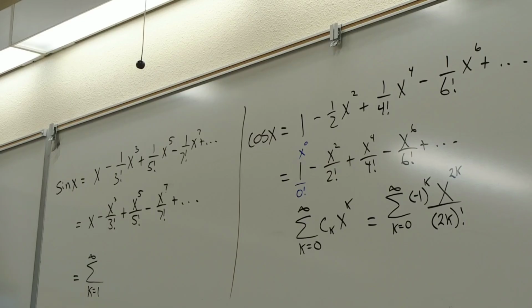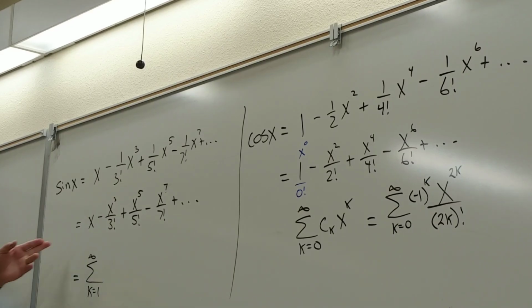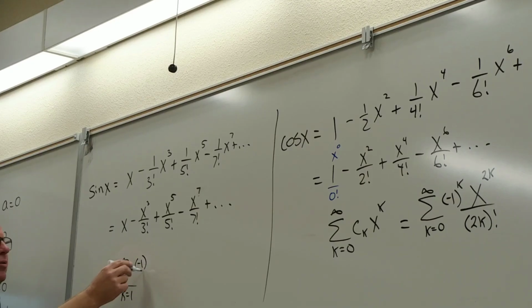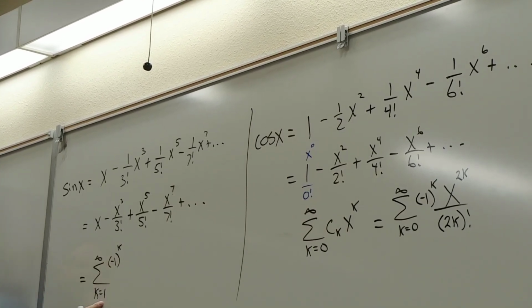So again, let's first focus on the pluses and minuses. What am I going to do with -1 to what power to generate these positives and negatives? Okay, if I just put k, it starts at 1.